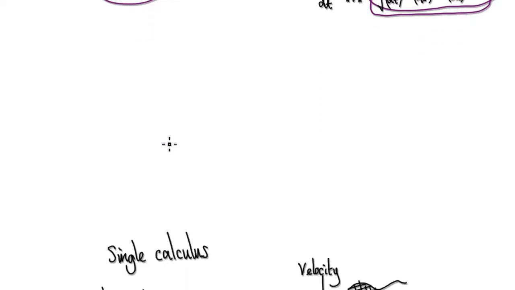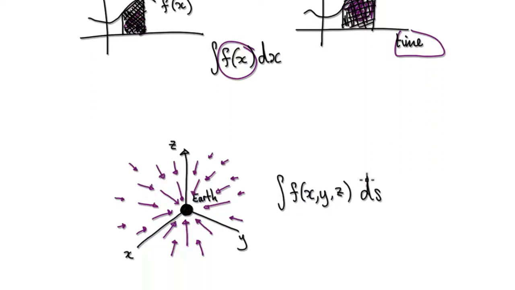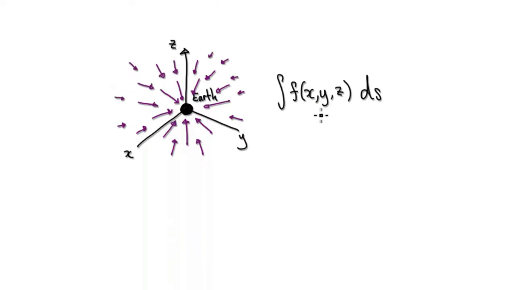Back in single variable calculus, the area has some sort of meaning. For example, if you have a velocity time graph, the area represents displacement. Now, with three variables, you can imagine this as being some sort of gravitational field or electric field.